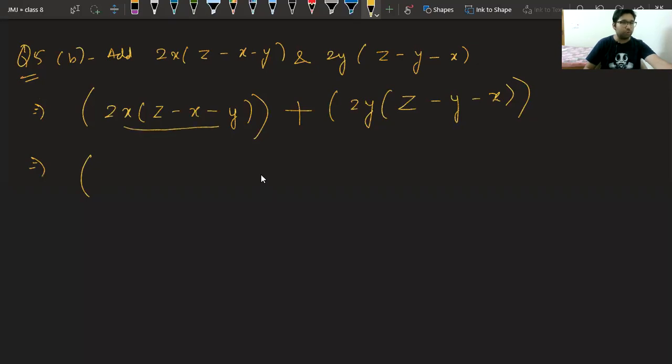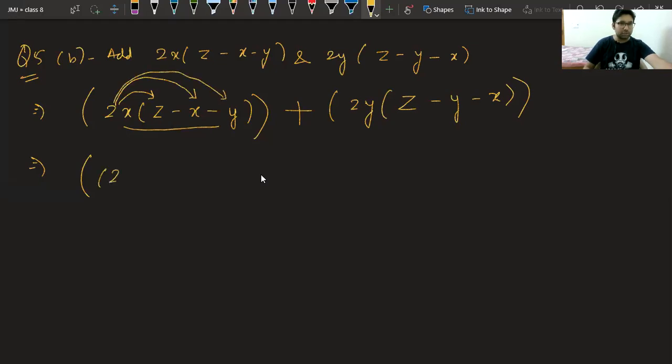So we have to open this bracket. You have to open it by distributive property. This 2x will multiply with this z, then minus sign will come. This multiply with x, this multiply with y.